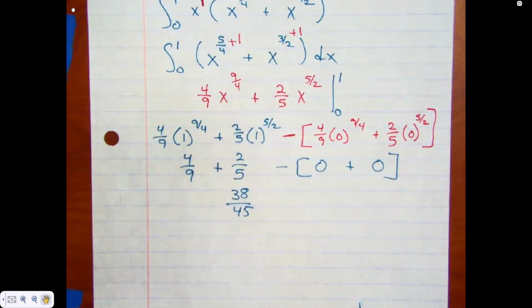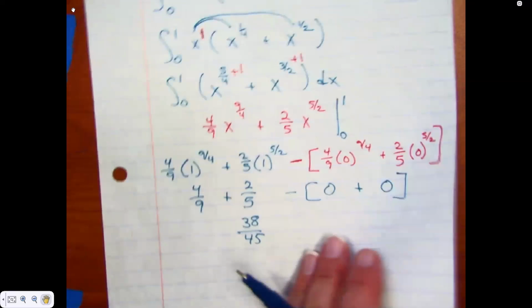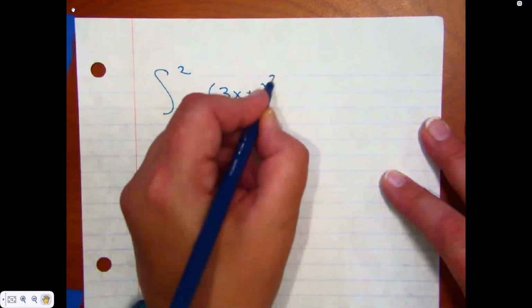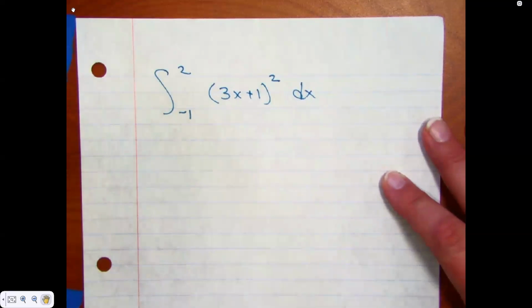Okay, three things. Without doing this whole problem, though, the answer is, we didn't do a negative, did we? We might have to backtrack just a little bit, but let's at least talk about this one. And we can start at -1, so just be careful if you're starting at -1. But take a look at this, 3x plus 1 squared dx.